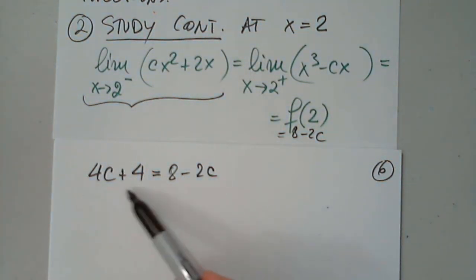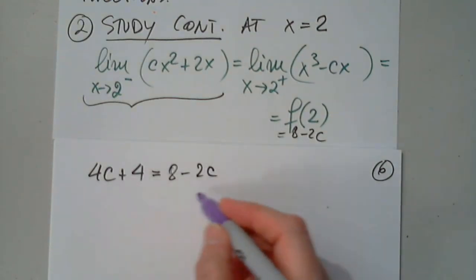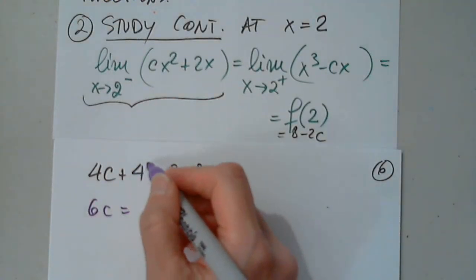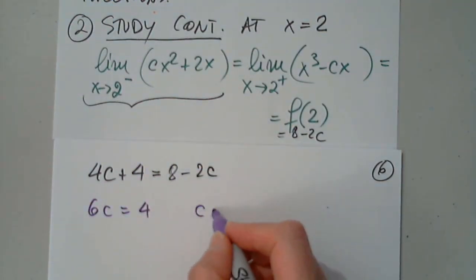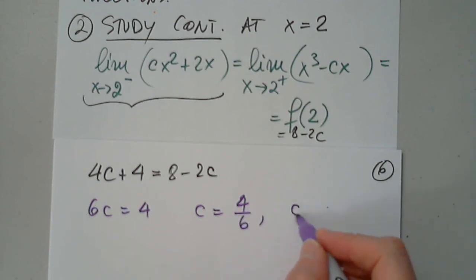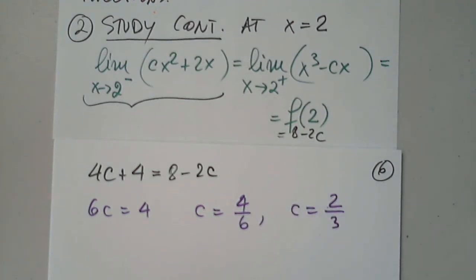So can we solve this equation for c? I'm going to add 2c and subtract 4, and I'm getting 4 over 6, or c equals 2/3.